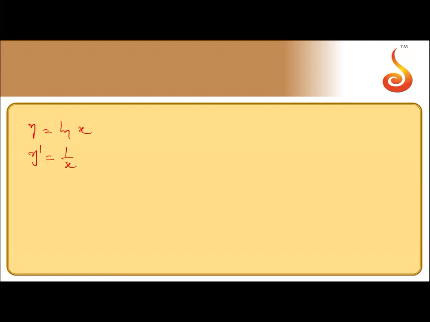Let me take the point P as x1, comma y1. So the equation of the tangent line is y minus y1 is equal to 1 divided by x1 into x minus x1.